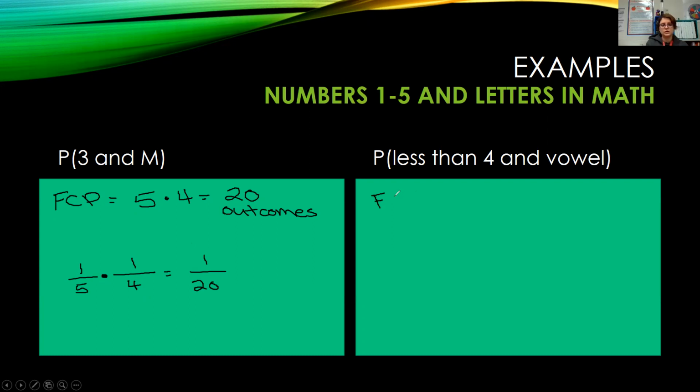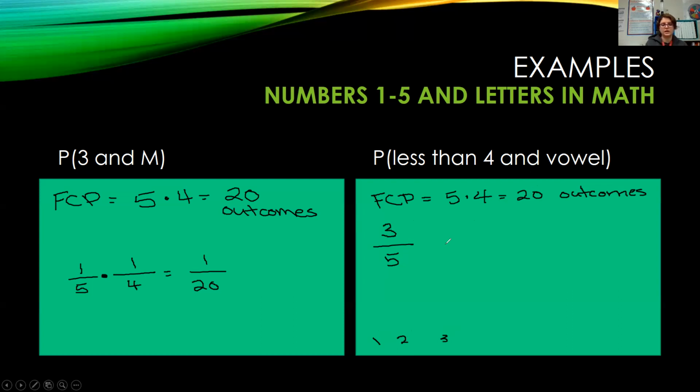Okay. Again, we're dealing with the same situation. So my fundamental counting principle will still be 5 times 4, which gives me 20 outcomes. This time we want a number less than 4. Out of our 5 possible numbers, 1, 2, and 3 are all less than 4.